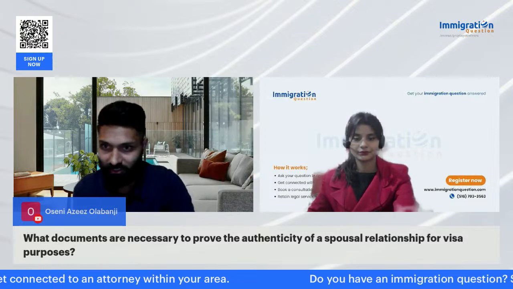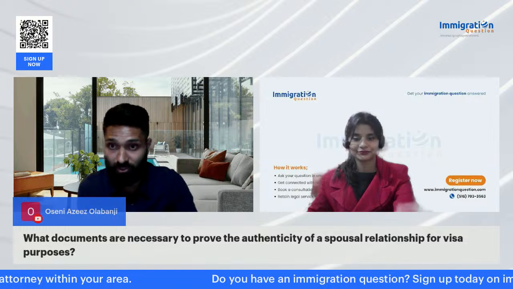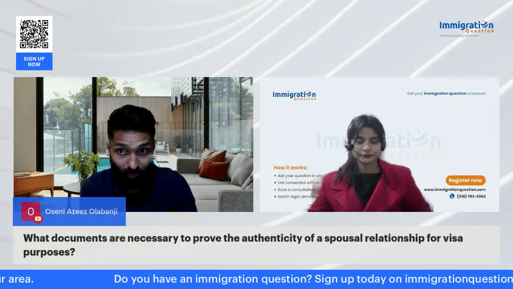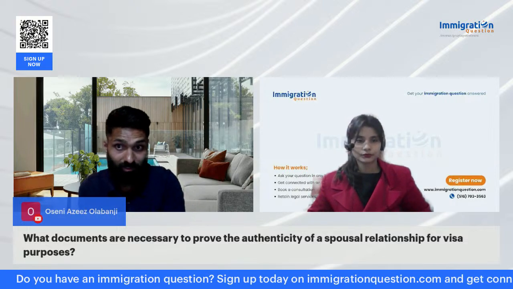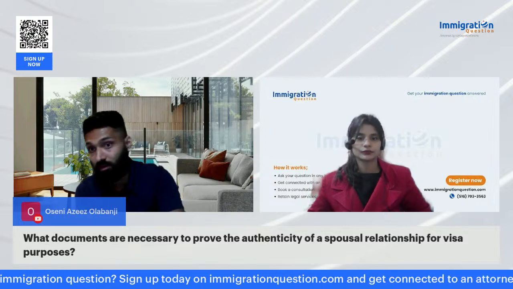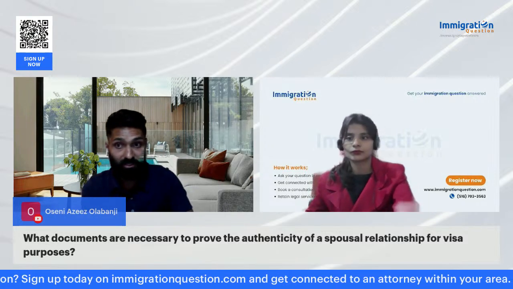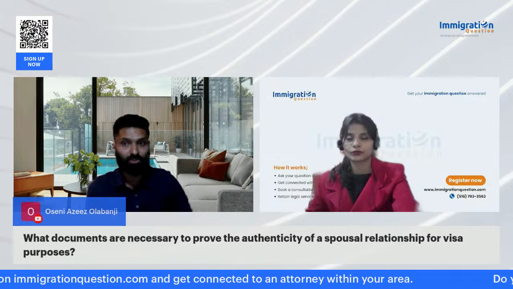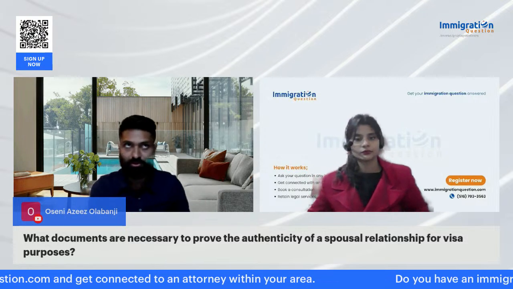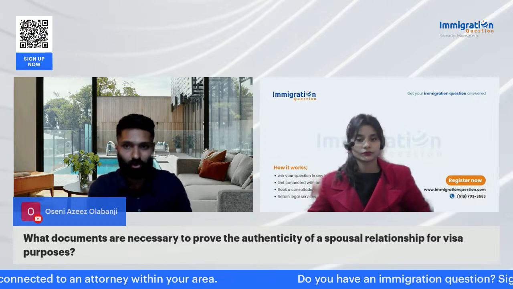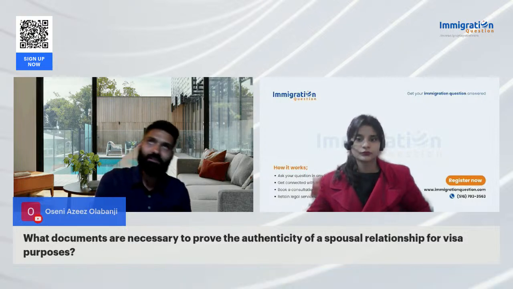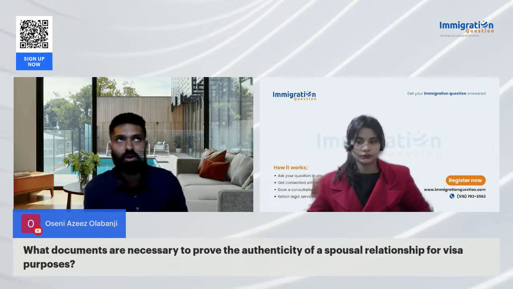So that being said, they tend to look at the efforts of the beneficiary as well, because oftentimes the petitioner will fly there and do all these things, but even then, there'll be pictures alone, there'll be pictures where there's selfies only. That to them does not look authentic.